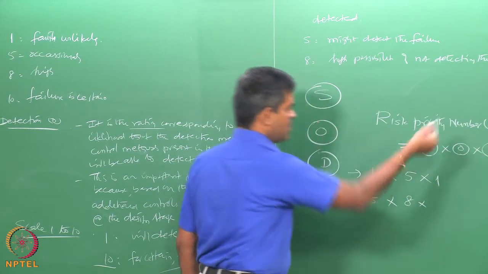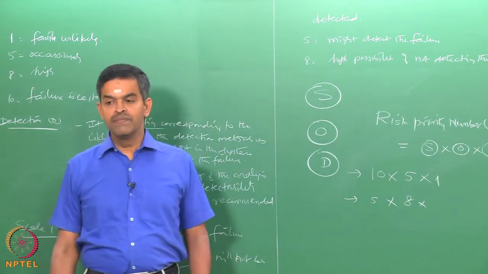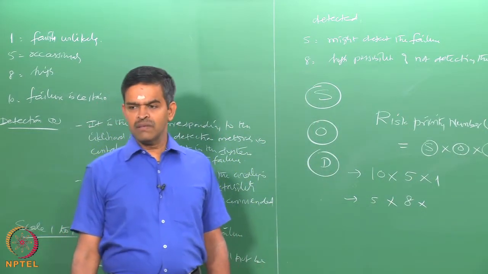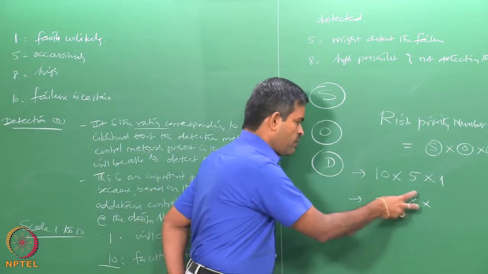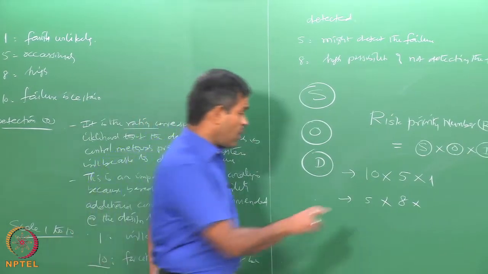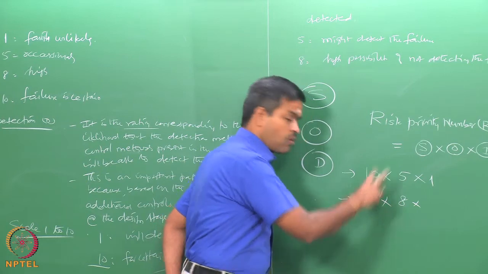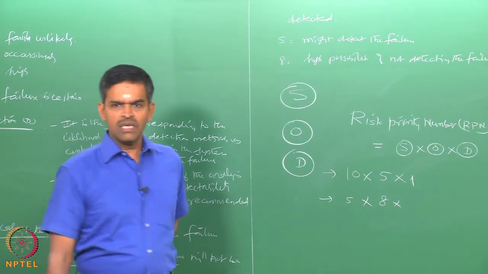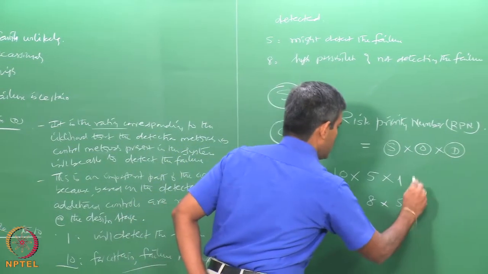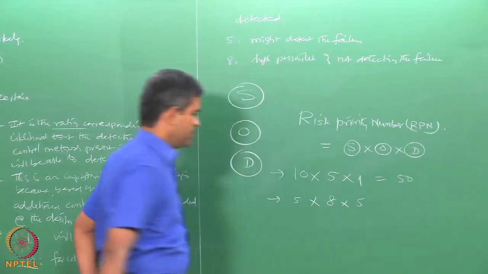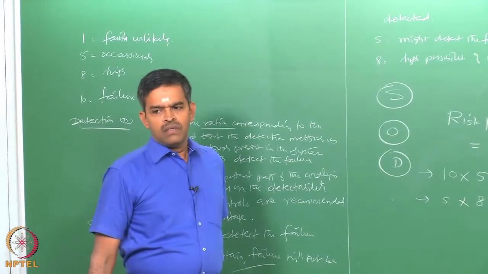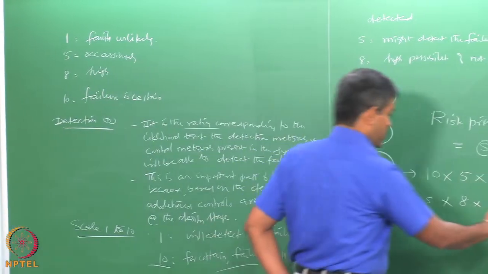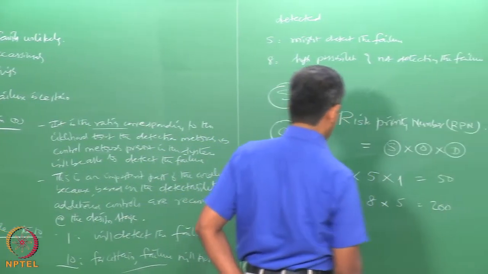So, I put occurrence rate as 8. Then if you look at the detection, this component is not frequently failing and is not going to cause very serious effect to the overall performance. The detectability may not be sure. Let us say we put a number 5 here. So, this becomes a product of 50 and this becomes a product of 200, is it not, 25.